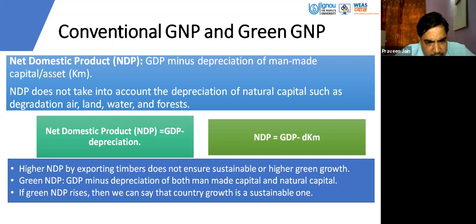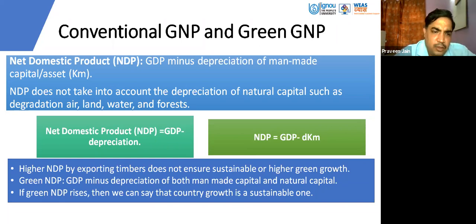Whereas in the green NDP, what we do is take the GDP minus depreciation of both man-made and natural capital. So if green NDP rises, then we can say that the country's growth is sustainable growth.